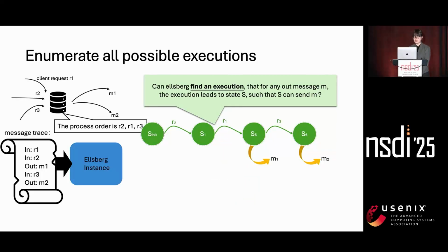As a result, Ellsberg successfully finds an execution R2, R1, R3 that satisfies the requirement. More concretely, in this execution, S5 can send M1 and S6 can send M2. Therefore, Ellsberg decides that this trace is valid.